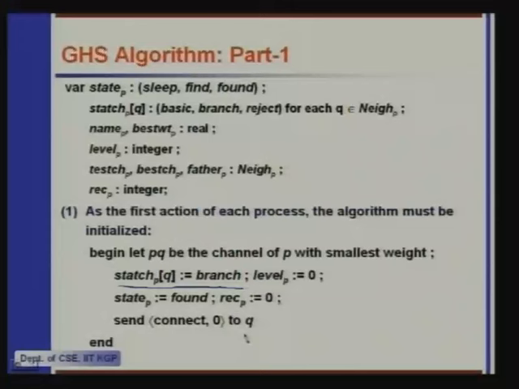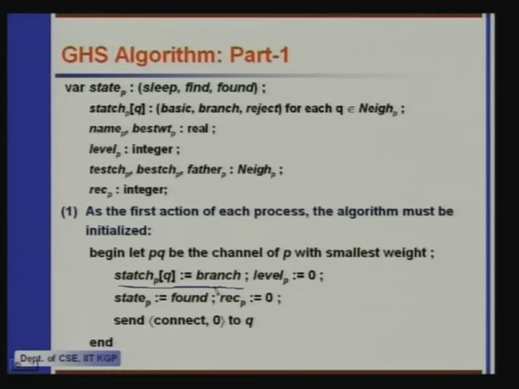That channel's status is also set to branch, because you are starting with a single node only. You don't have to check; because it is the minimum weight, and it is only a single node, that edge will be a branch.